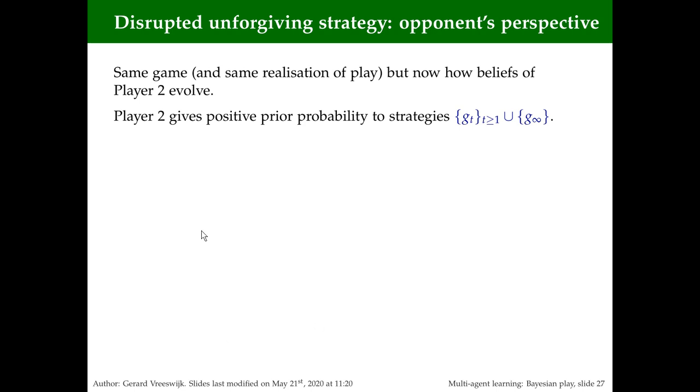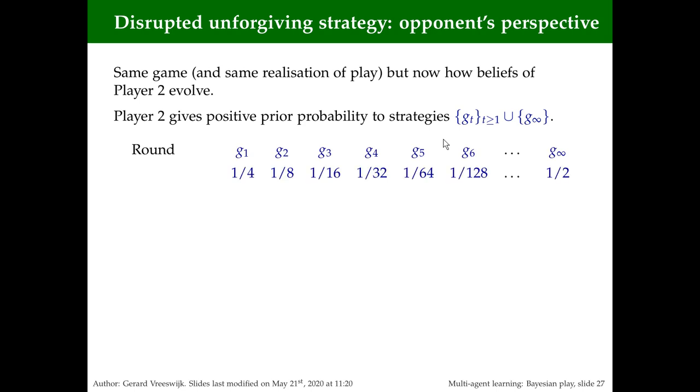So player 2 gives prior positive probabilities in the same way as before. But now the second player tries to predict the behavior of the first player.